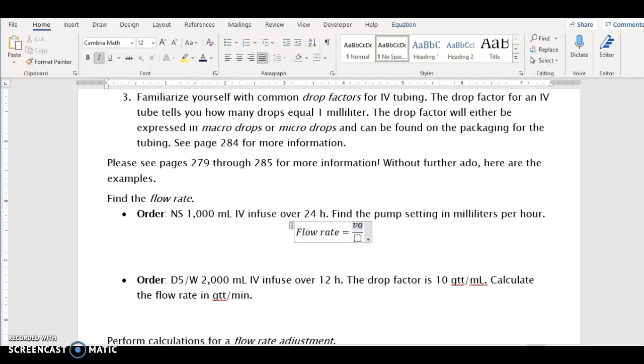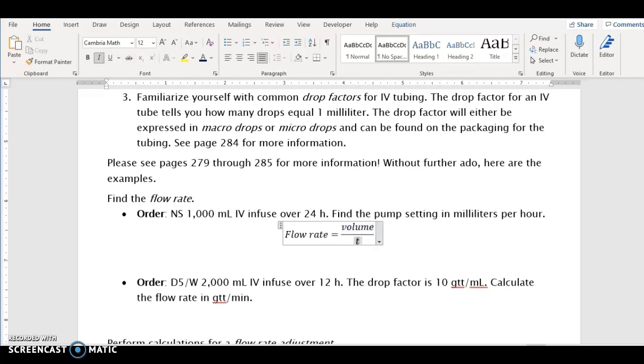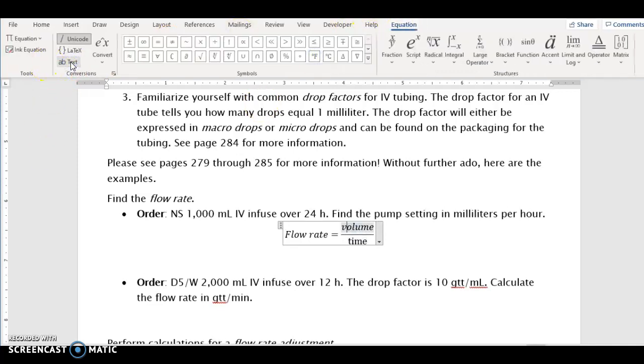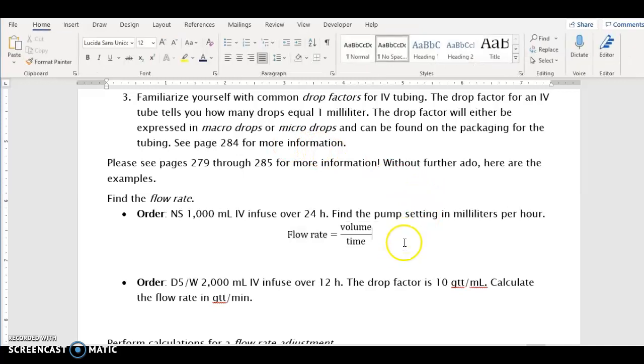Volume over time. And the flow rate can be expressed in milliliters per hour or drops per minute, depending on the problem.